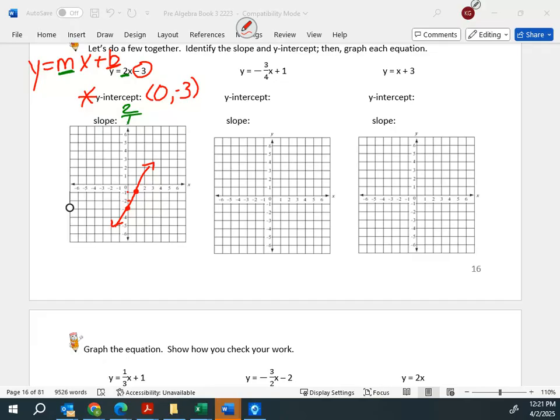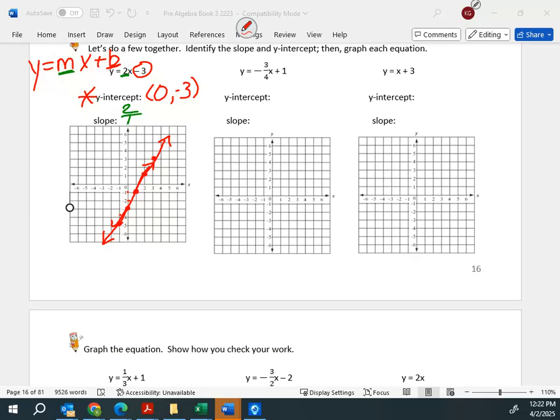Now, I could continue that from the y-intercept a few more to make sure I have a straighter line. My line was a little wiggle wobbly. You only have to have 2 points to make a line. You can put more points on it if you want to.